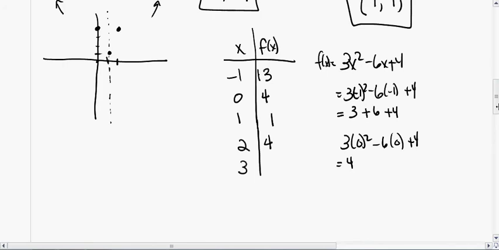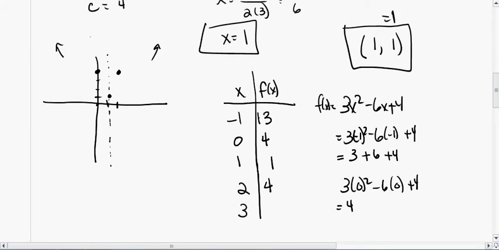And for the same reason, if negative 1 is 13, someplace way up here, 3, which is the same distance to the right of the vertex, is also going to be a positive 13, way up here. And I can verify that by plugging those values into my equation. But I don't really have to do that work because of the symmetry of the parabola.